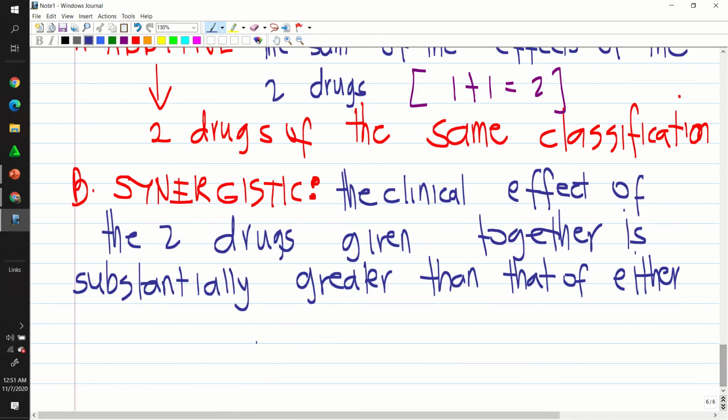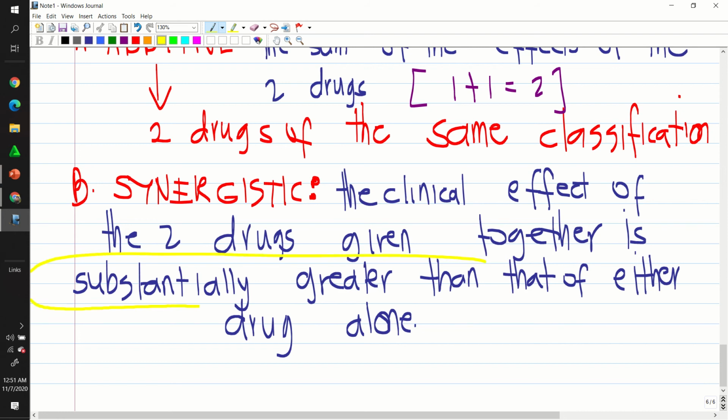So what is the line of demarcation between additive and synergistic? In additive drug effect, class, it is the sum of the effect of the two drugs. Pinagsama mo lang yung dalawa. When two drugs are administered in combination and the response is increased beyond what either could produce alone. Ang synergistic, that is the clinical effect of two drugs when given together.